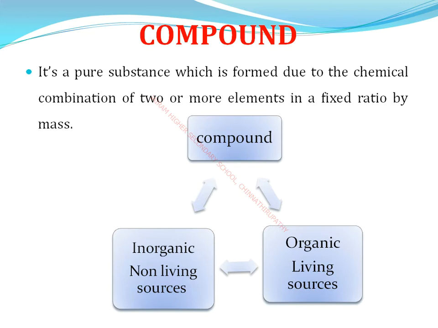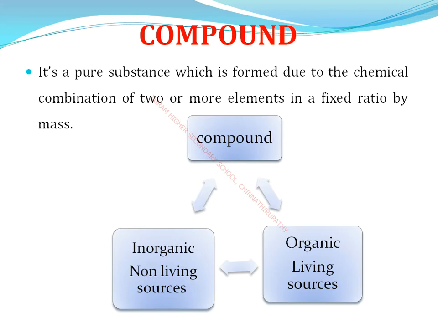NaCl. The formula is NaCl, Na is sodium and Cl is chlorine. So sodium chloride, the combination of sodium and chlorine, will form what? Chemical combination, and that substance we say as compound.